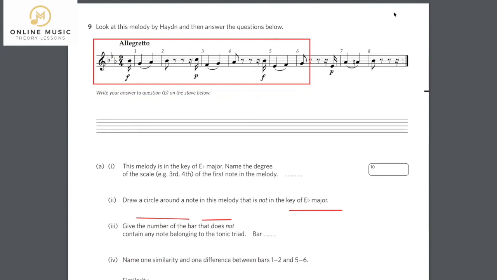So the key things they're looking out for here are whether or not you know your key signatures in both clefs, and of course your transposition skills as well.